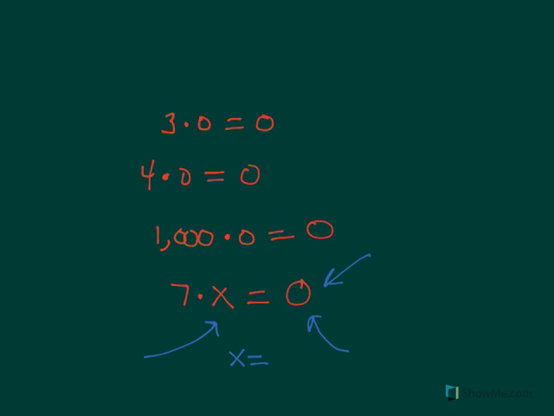So that's the idea of the zero product property, that anything multiplied by 0 will make 0. So we're going to be looking to see where can our factors be 0.